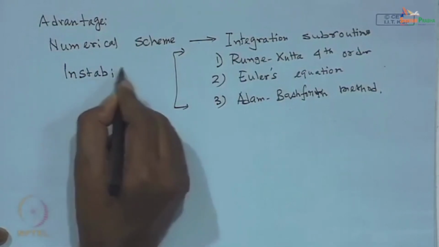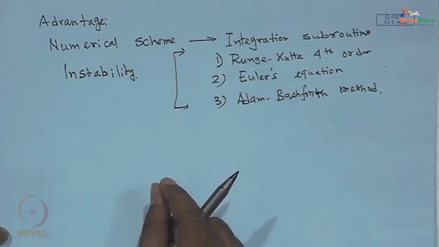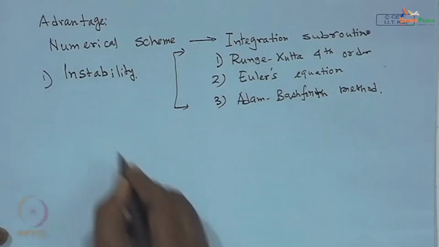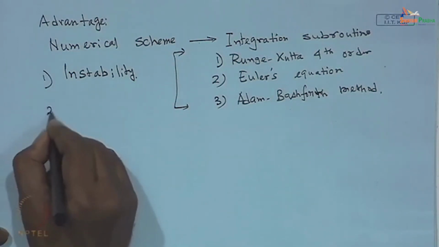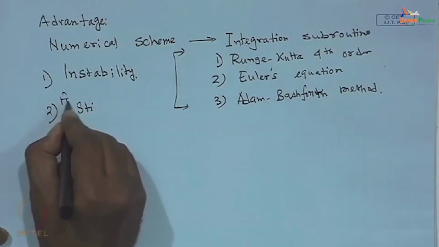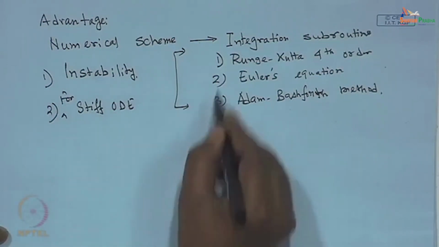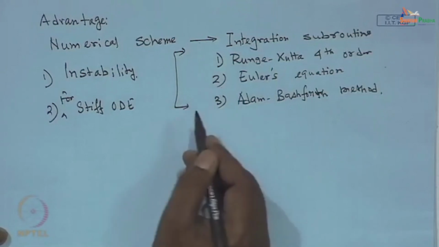If the step size of numerical integration is not properly selected, then instability may be a problem. If the equations are stiff ordinary differential equations, none of these methods can be utilized.